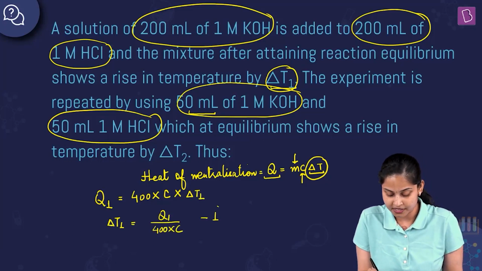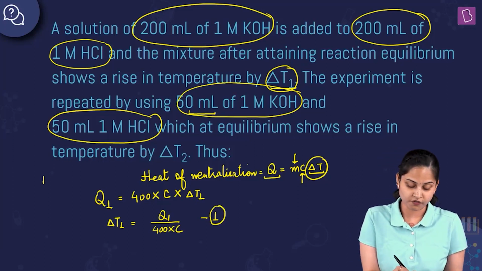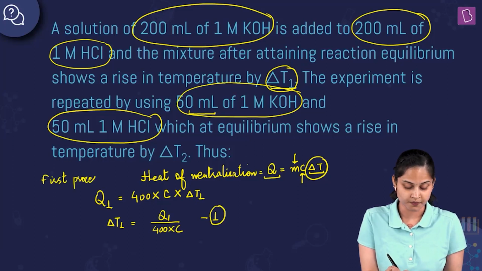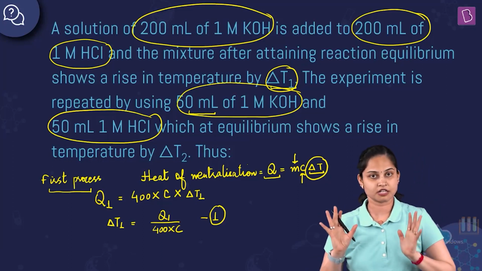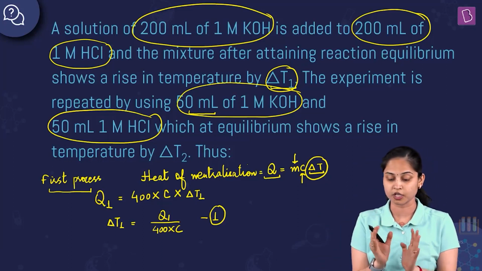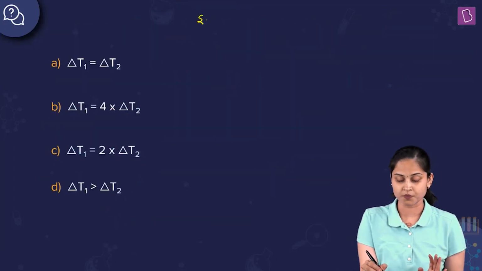Let us write it as the first equation which we have derived. This was for the first process, where complete neutralization has taken place, because we are talking about a strong base and a strong acid. Now talking about the second process.